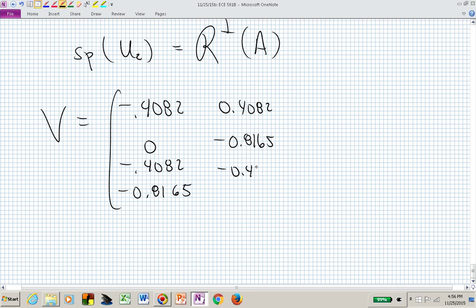Hopefully it's clear that these columns are orthonormal. But again, we had 2 non-zero singular values, so now we split V into 2 pieces, with the first piece being the length of the number of non-zero singular values.